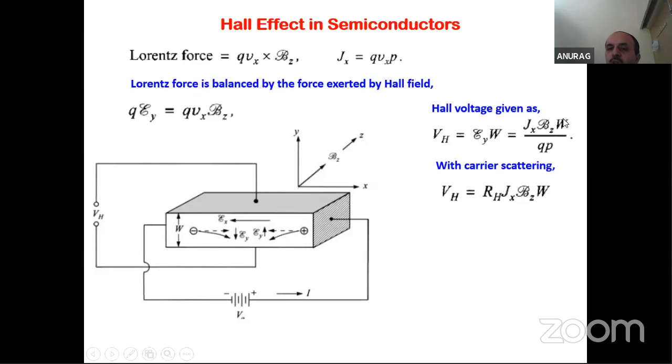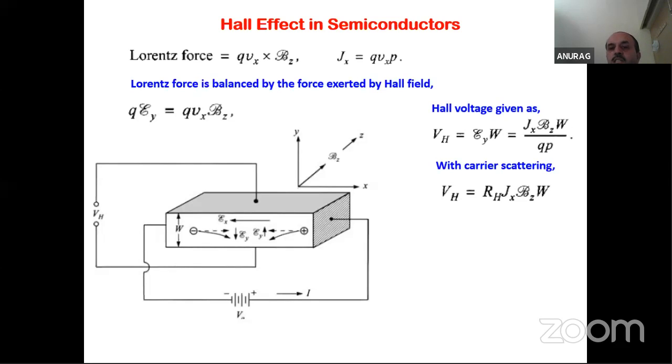These three terms we already know. I know the magnetic field I have applied. I also know the thickness of the sample. And the third is the current flowing through the sample, because I know the geometrical dimensions and I know the voltage.